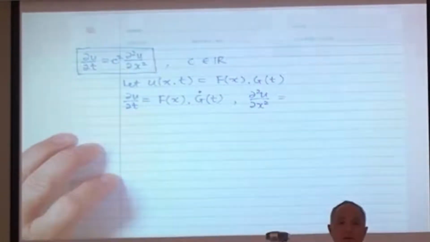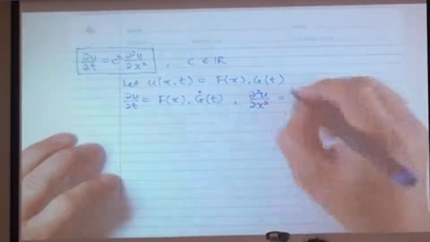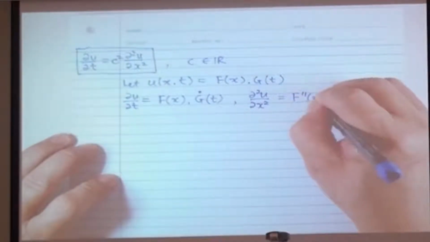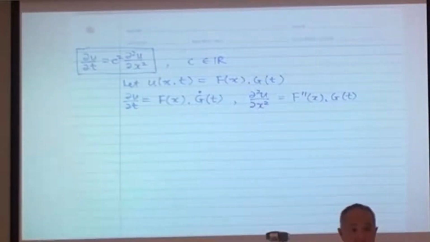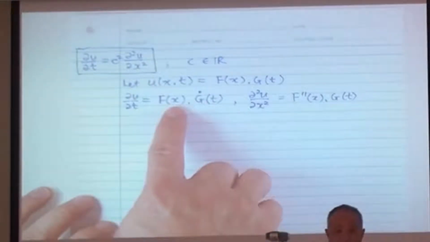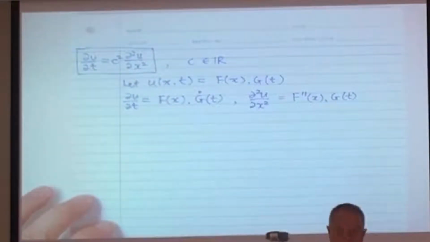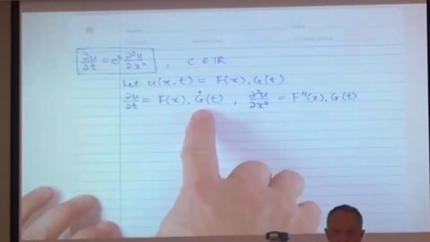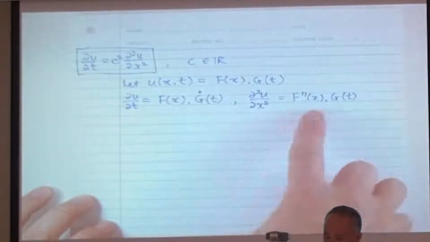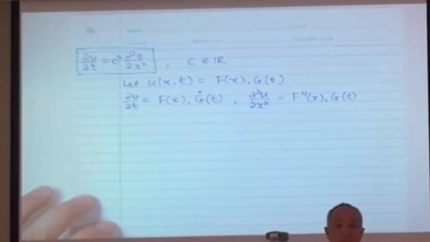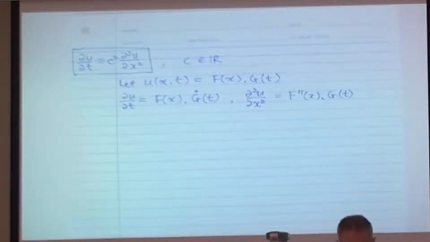For derivative with respect to x, I use the prime notation. So I will get f double prime of x times g of t. So far okay? Now, from this step on, I'm not going to put down f of x, g of t. So f means f of x. Capital G means g of t. G dot means dg/dt. F double prime means d2f/dx squared. Okay? So now I'm going to substitute.